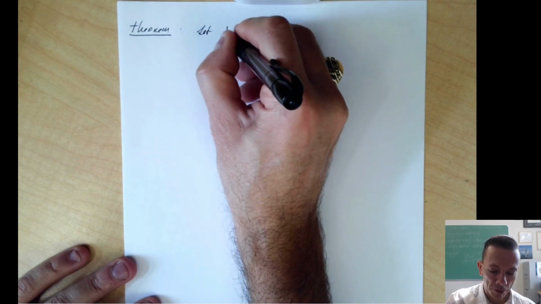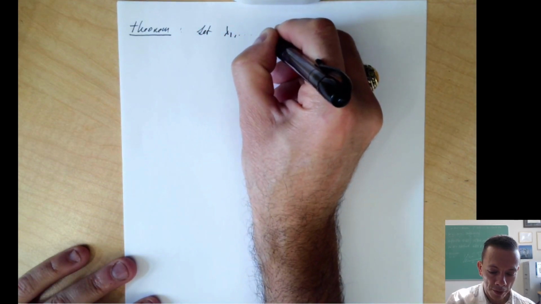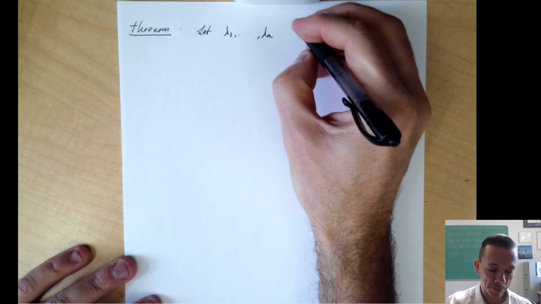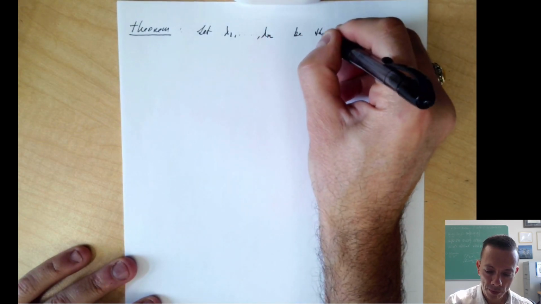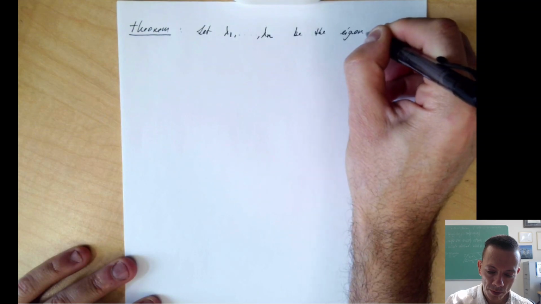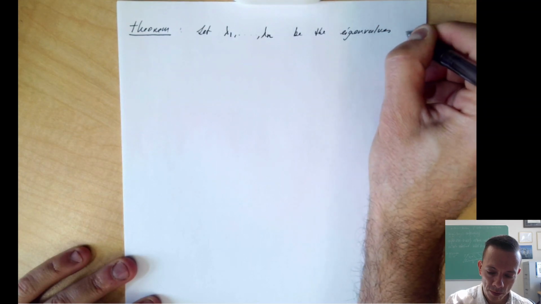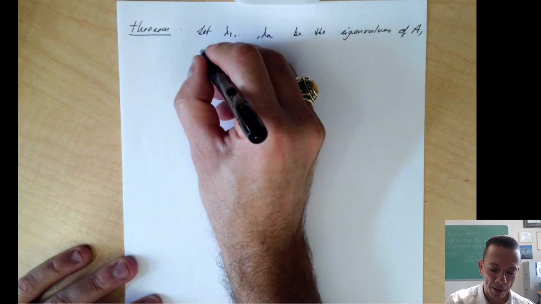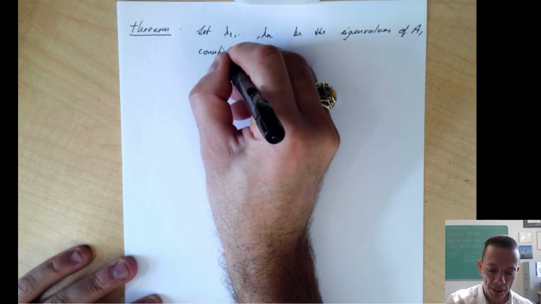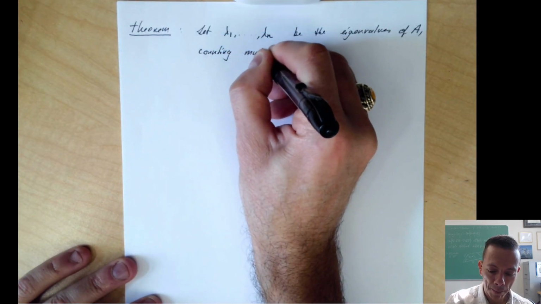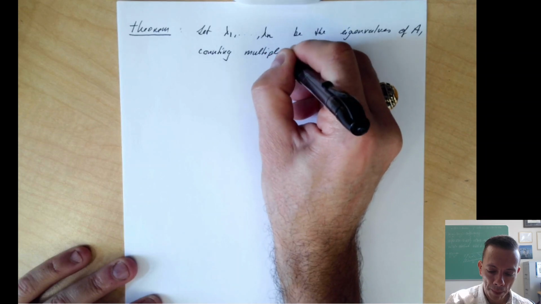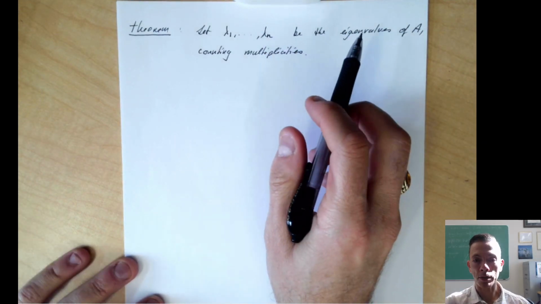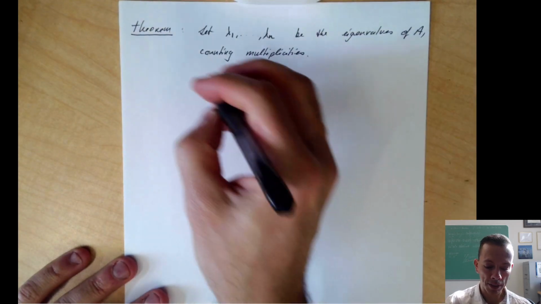So if you have the set of eigenvalues, lambda 1 to lambda n, be the eigenvalues of A, and this is counting multiplicities. Which means if one of these eigenvalues is repeated, you need to count it twice.